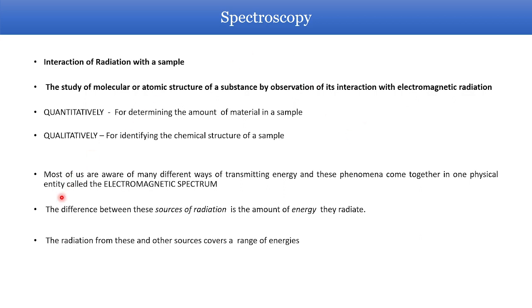The difference between these sources of radiation is the amount of energy that they radiate, and the radiation from these and other sources covers a huge range of energies, all of which comes under the electromagnetic spectrum.